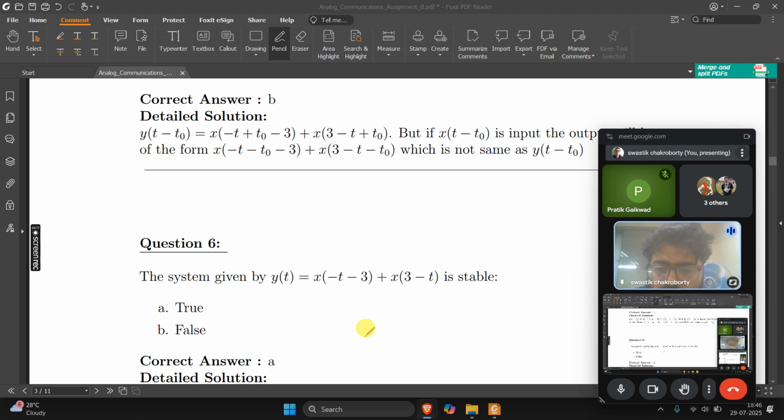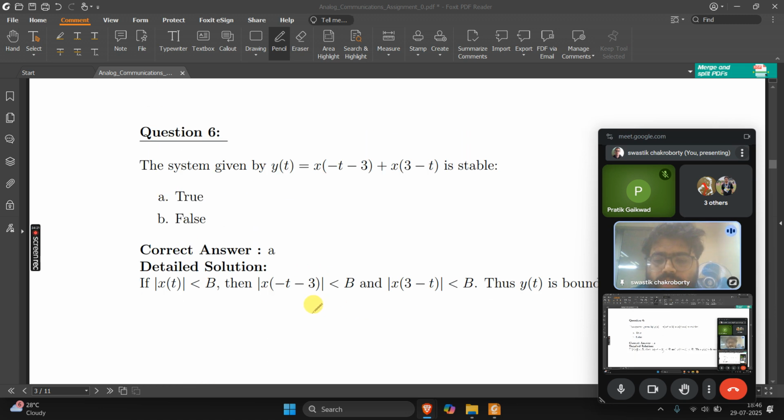Okay, so here we will check whether the system is stable or not. If the signal is bounded, then your system output should be bounded. Rather, I have defined it somewhat erroneously, sorry.